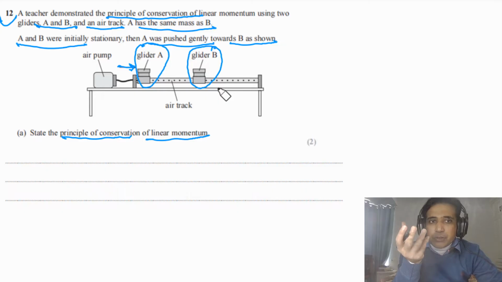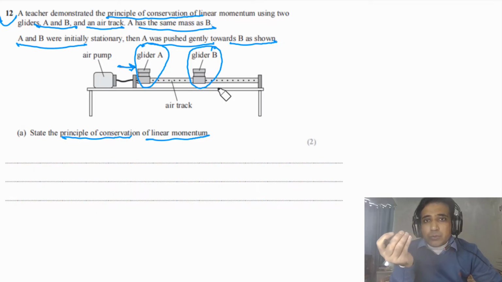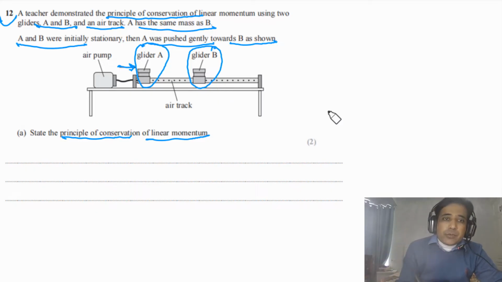So if there is no friction and our system consists of glider A and glider B, momentum will remain constant because this is an isolated system and there is no external force acting on the system. In this case, we are also ignoring air resistance. So simply we can say for any isolated system, total momentum before collision is equal to total momentum after collision, and this question has 2 marks.